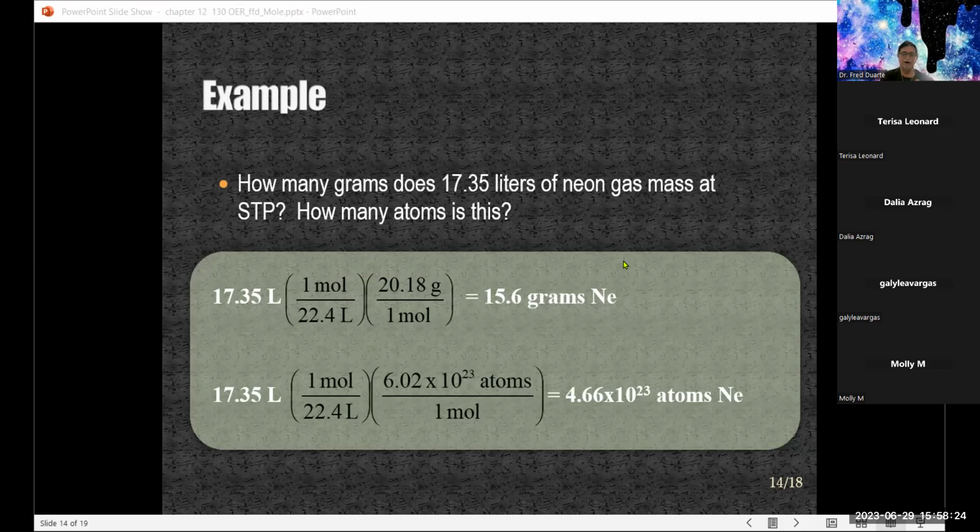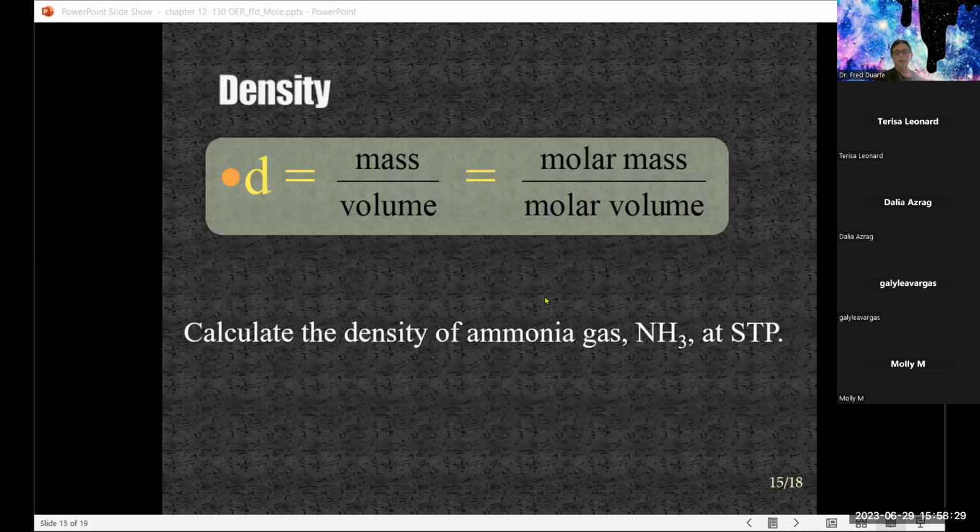Okay. All right, so now we're almost done with this chapter. Density, we talked about density before, where density is simply a ratio of mass and volume, okay? Now we can calculate the density of a gas at STP without having to measure anything. Because the density is simply the molar mass divided by the molar volume. The molar mass of ammonia is 17.4 grams per mole, okay? 1 nitrogen, 3 hydrogens.